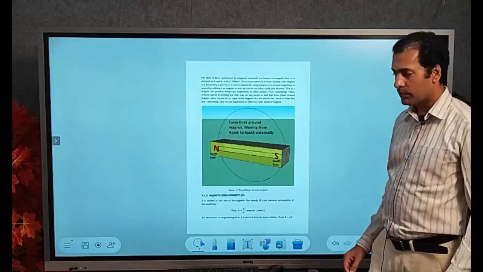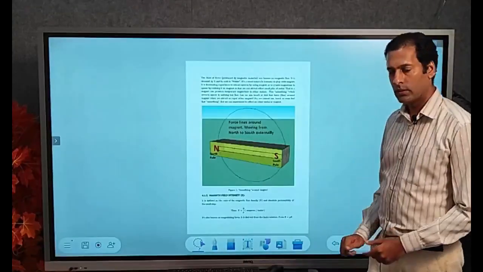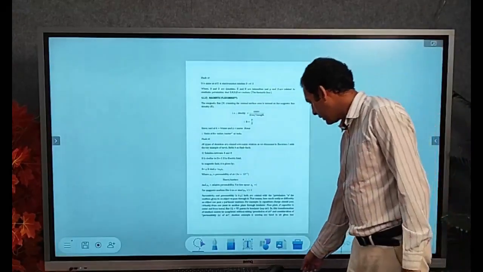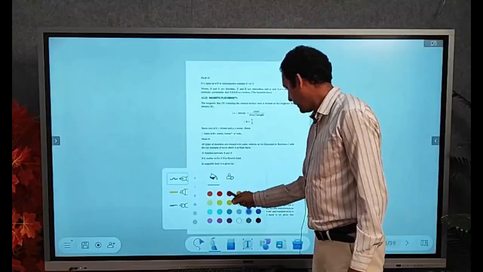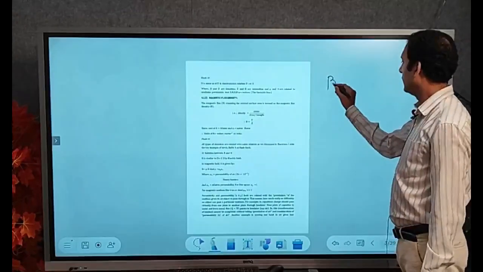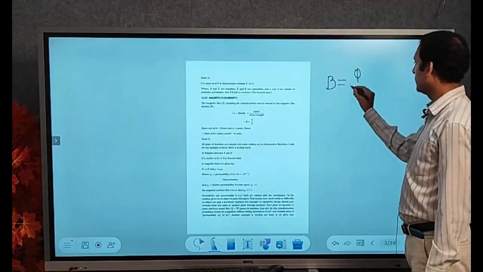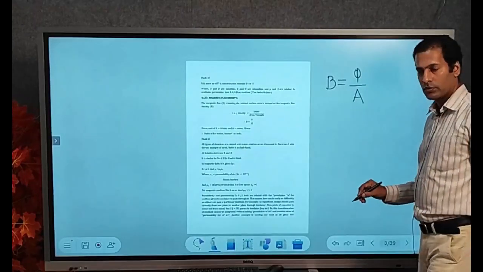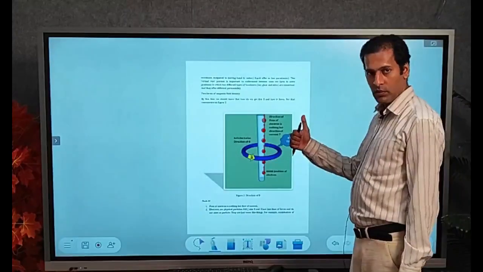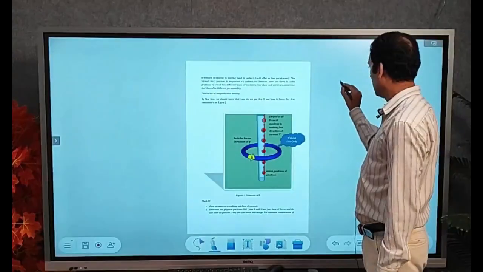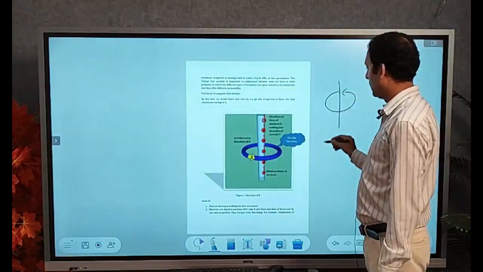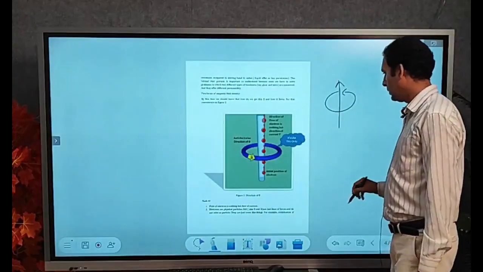We have discussed the properties of magnets, and then the relation of magnetic flux density, that is B is directly proportional to phi and inversely proportional to A. Then we have seen the direction of the field of magnetic lines, which is given by the right hand thumb rule.